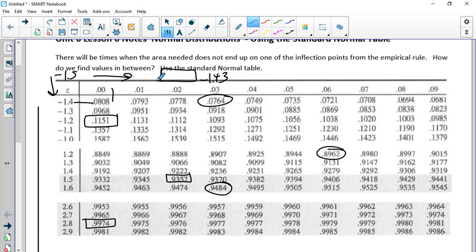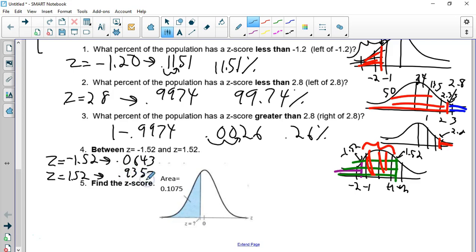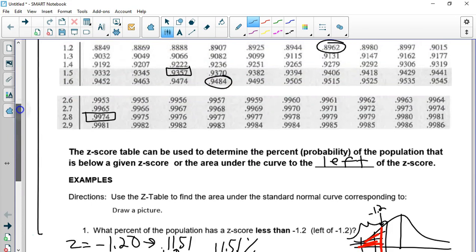And I'll just tell you what it is. It's 0.0643. So, again, the z-score for negative 1.52 corresponds with the area 0.0643. The z-score for positive 1.52 corresponds with an area of 0.9357. That's what I did make a box on right there.